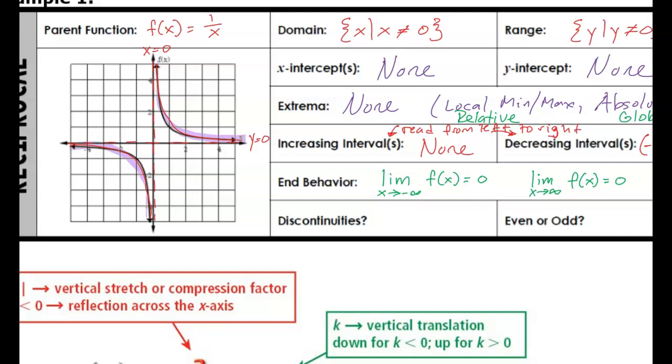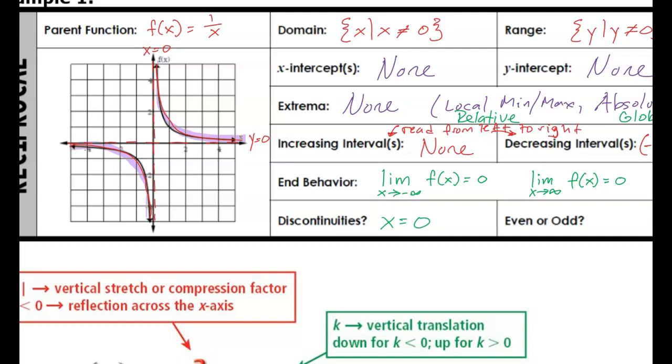Only the vertical asymptote forces you to pick up your pen. Technically, horizontal asymptotes are not discontinuities. So the only discontinuity we have here is x equals 0. What else could be a discontinuity besides a vertical asymptote? A hole. Good. A hole.